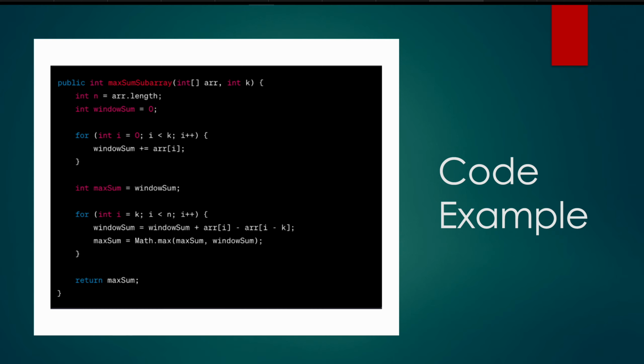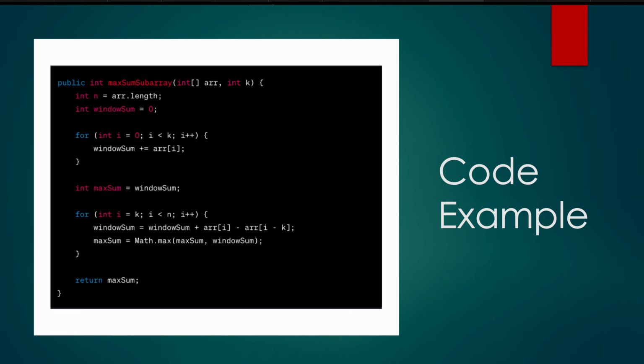First, we iterate through the array up to k, starting from 0. In the example we just saw, that is 2, and we get the window sum. Now we also define the maximum variable that is going to keep track of the window sum.